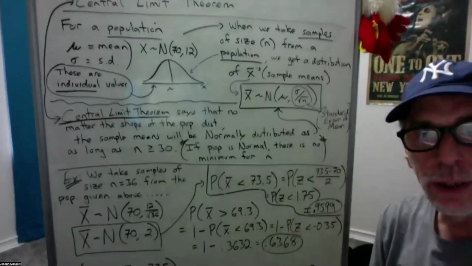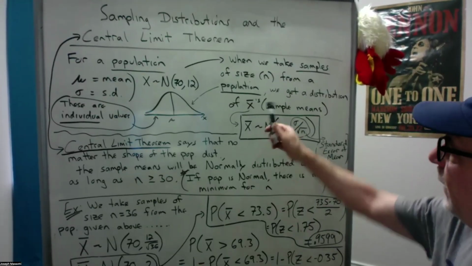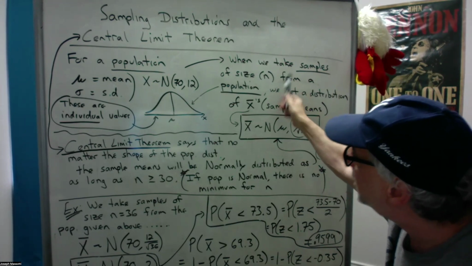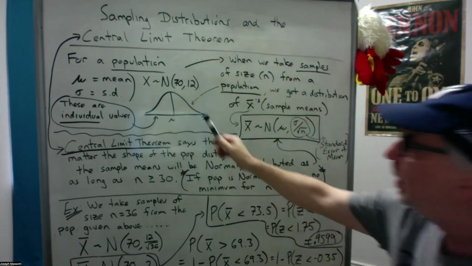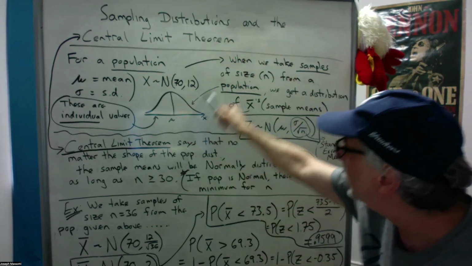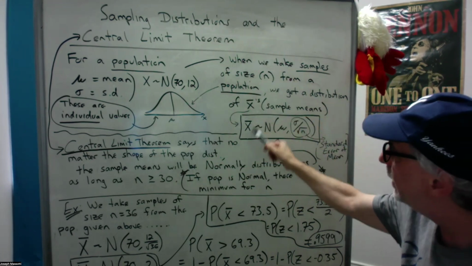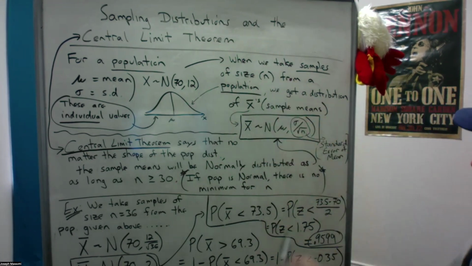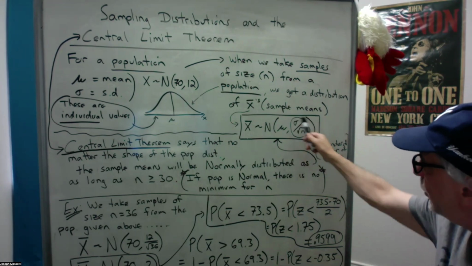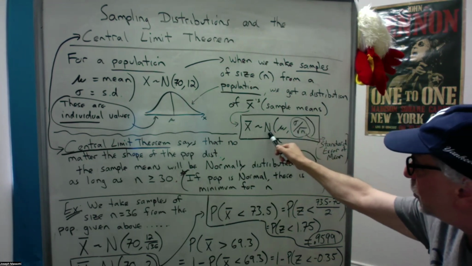Sampling distribution. So the main leap again, we're taking samples of size n from a population. These are individual values. These are means of n values. What changes is the standard deviation of the normal distribution.